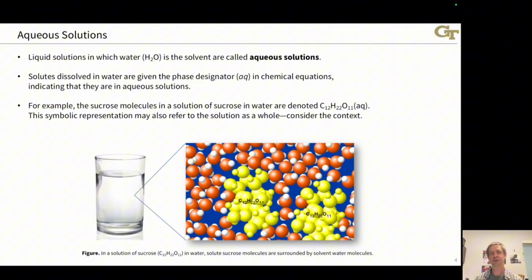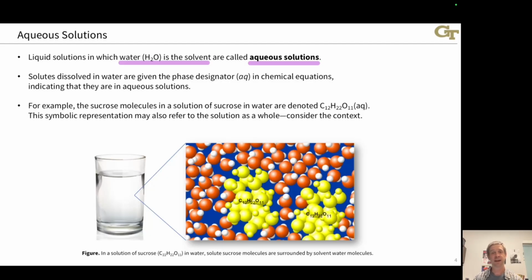Solutions with water solvent are the most important types of solutions that you'll see in your introductory chemistry course, and so we give them a special name. They're called aqueous solutions. And to think about solutes that are dissolved in an aqueous solution, we use the phase designator (aq) in chemical equations.